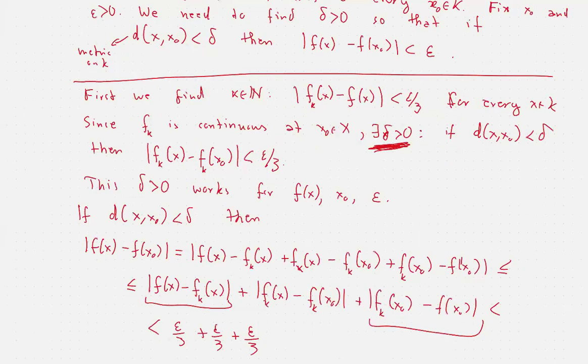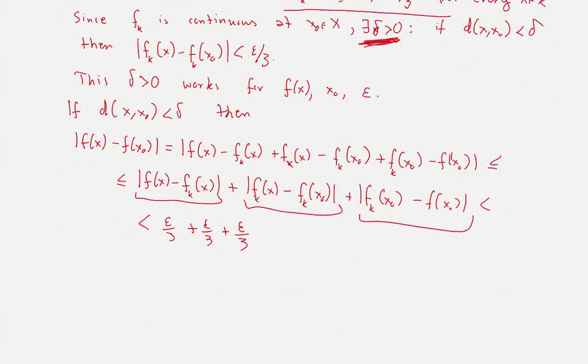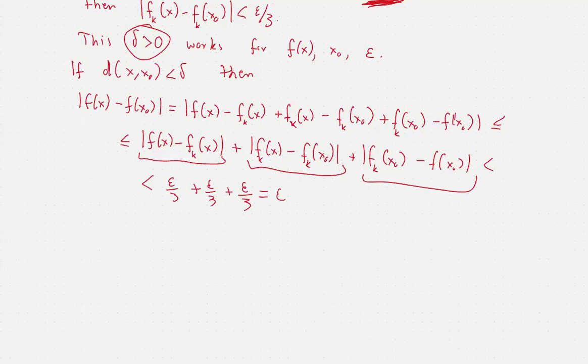And the middle one is less than epsilon over 3 because of the choice of delta that worked for the continuous function f sub k. So this means that it's less than epsilon, and this establishes continuity at x naught.